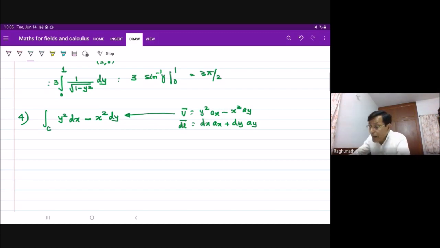I should never actually do this integration as y squared dx integral minus x squared integral x squared dy. Whenever I am trying to follow a path and evaluate it along a line, I should convert this into the integral as a function of x only or y only.